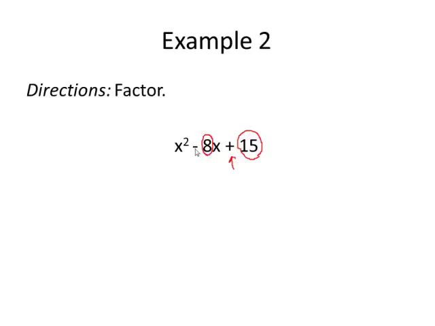Now I don't look at the sign here. I just look at this sign. So what I want is two numbers that multiply together to get 15 that add together to get 8.